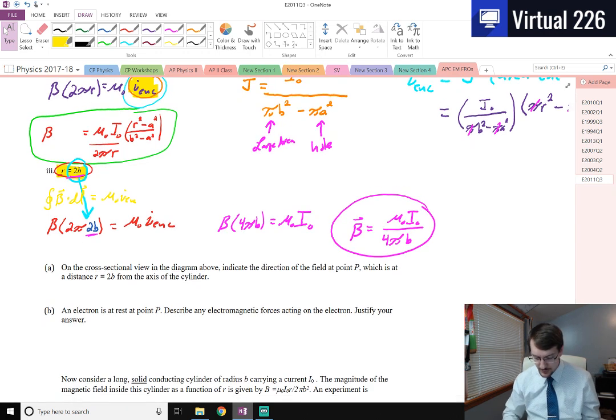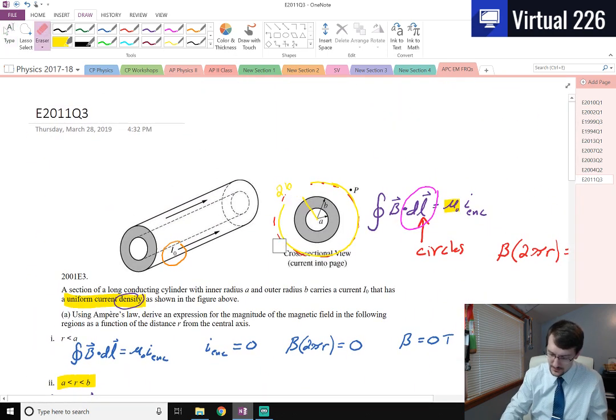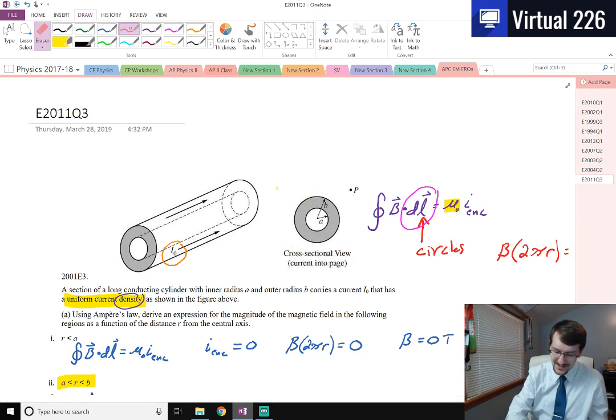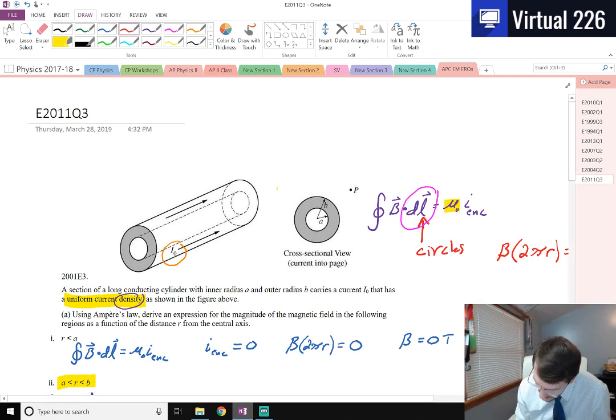Now, on the cross-sectional view of the diagram above, we need to indicate the direction of the field at point P, which is at that radial distance of 2b away from the axis of the cylinder. So if we go back up here, what direction is this B field going? Well, they've told us here that the current is going into the page.